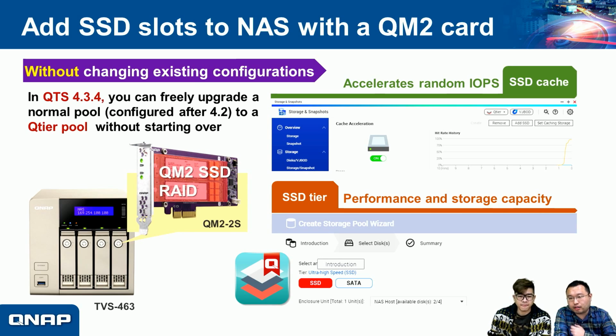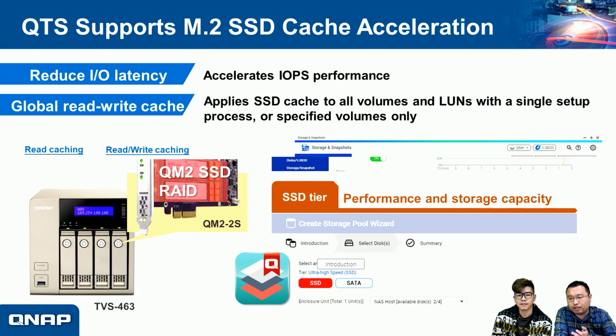Let's take a look a little more in depth at SSD cache acceleration. It can help you reduce the I/O latency and also increase the random IOPS performance. What's more, QNAP's SSD cache supports a global write cache, which means if you have multiple storage pools, volumes and LUNs, you can set up a single SSD cache to accelerate either one of them or all of them, based on your use.